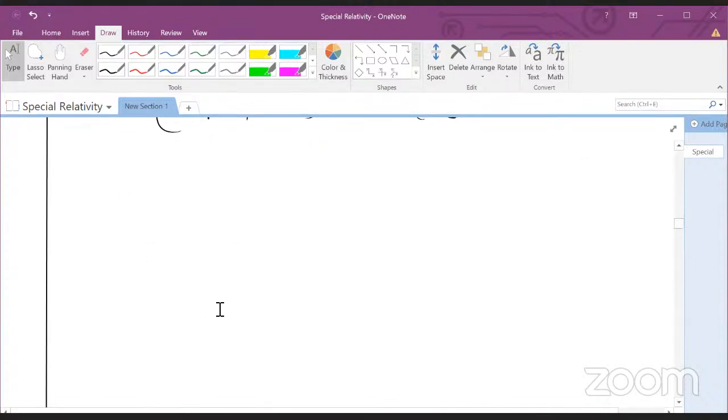So I'll quickly introduce a concept called covariant and contravariant vectors.